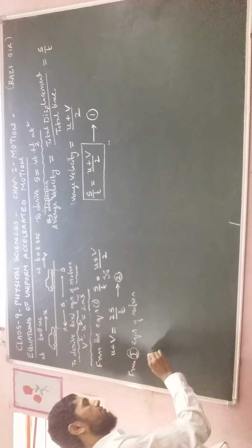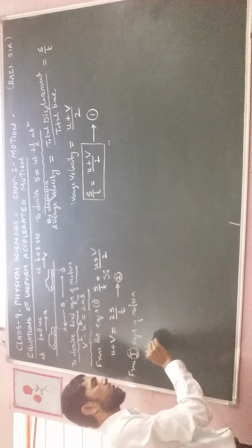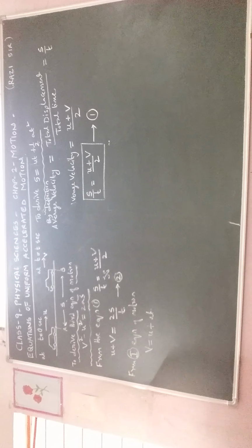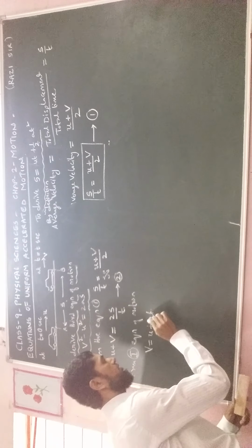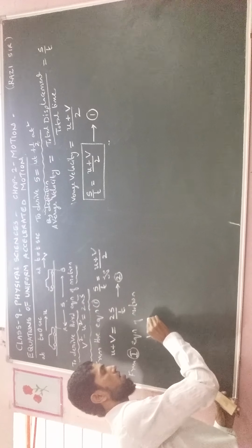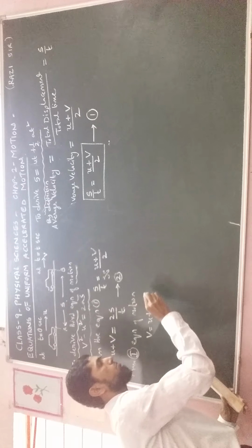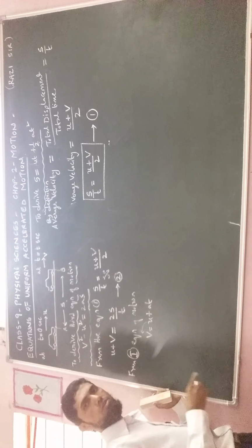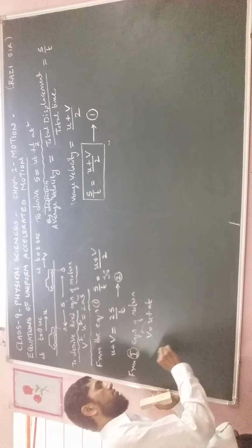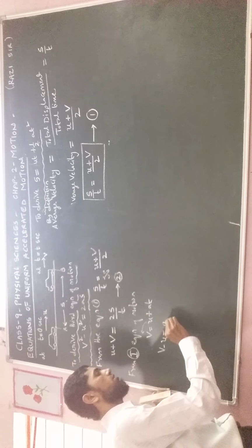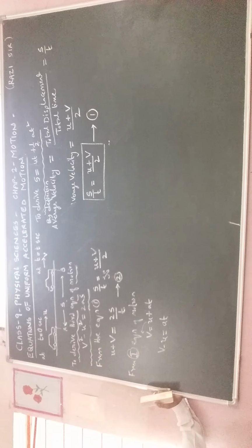Now from the first equation of motion, what do we have? v equal to u plus at. If we take this u to the left side, we get v minus u equal to at.